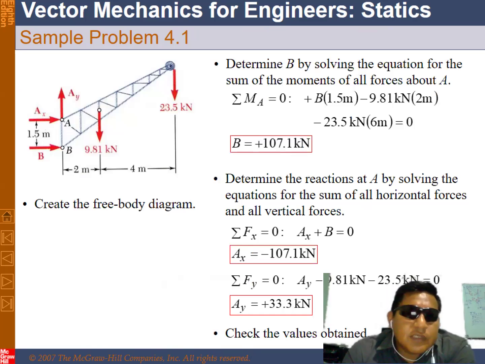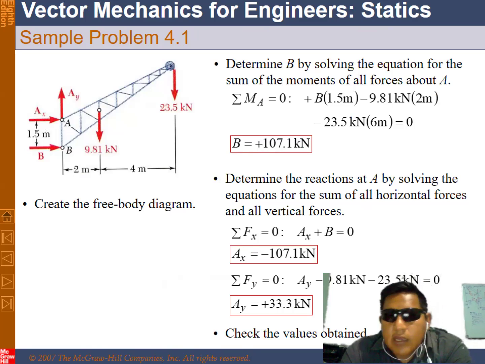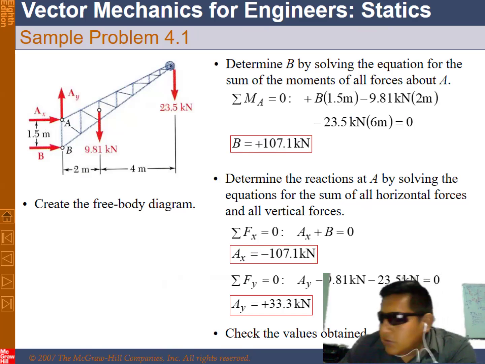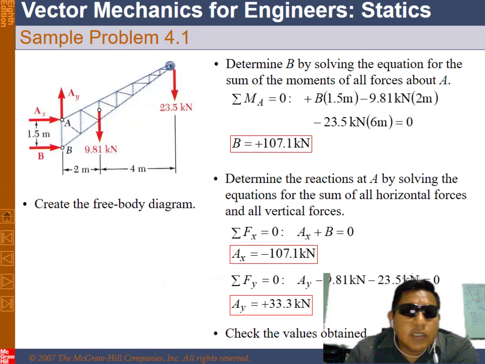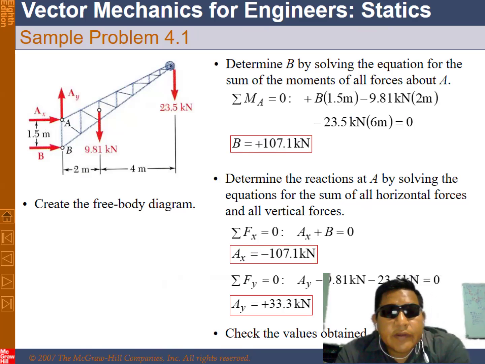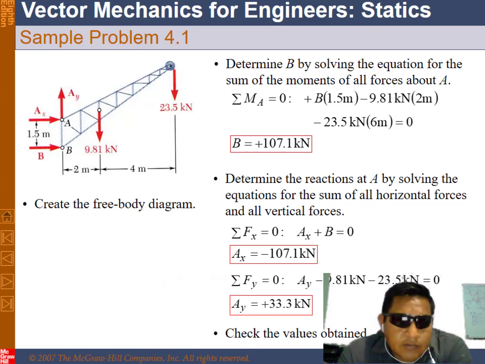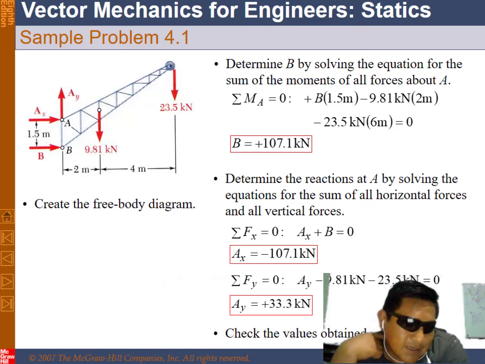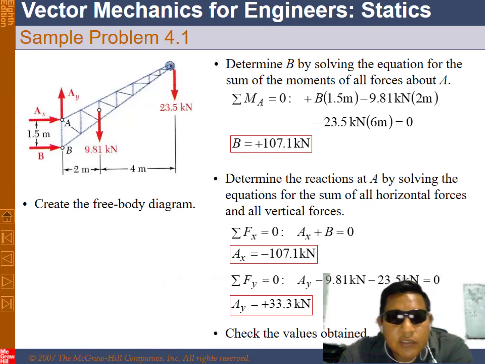In this picture, at letter A, the reaction has components A sub X and A sub Y. And at point B, there is only a reaction, force B, only a reaction at the point contact. The most important load is 23.5 kilonewtons.